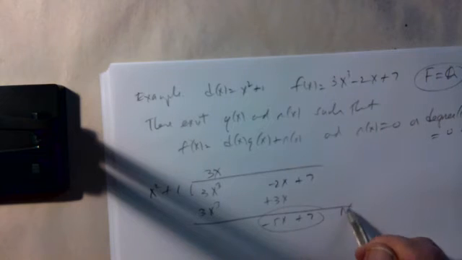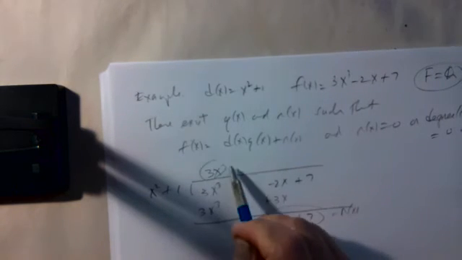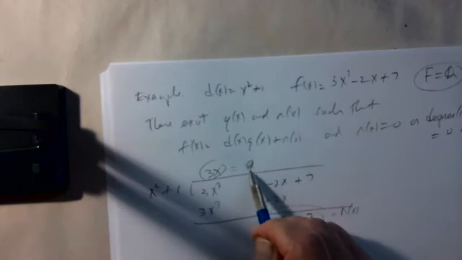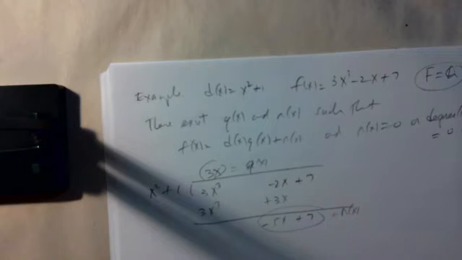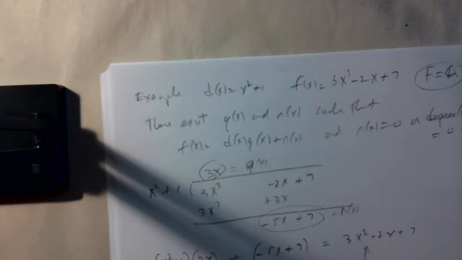So this is my remainder, and this is my quotient. That is, take x squared plus 1 times 3x plus minus 5x plus 7. If I did everything right, this is equal to 3x cubed minus 2x plus 7. So this is my d of x, this is my quotient, this is my remainder, and this is what I started with, f of x.